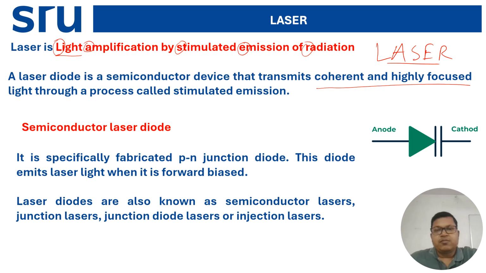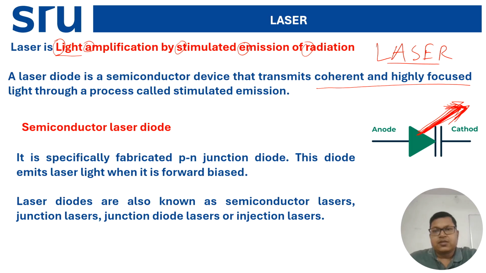That means when the light is emitting, let's say from this diode, this is the circuit symbol of the laser diode. If the light is emitting parallel in a focused way, and it is also coherent, that means in the same phase, then it becomes laser.